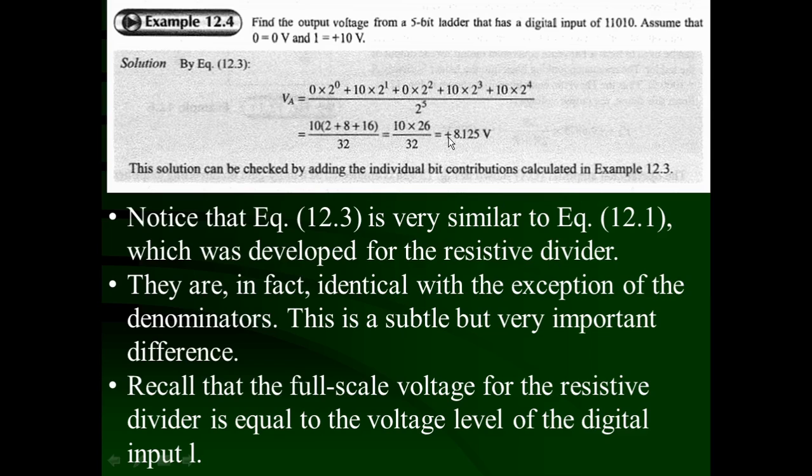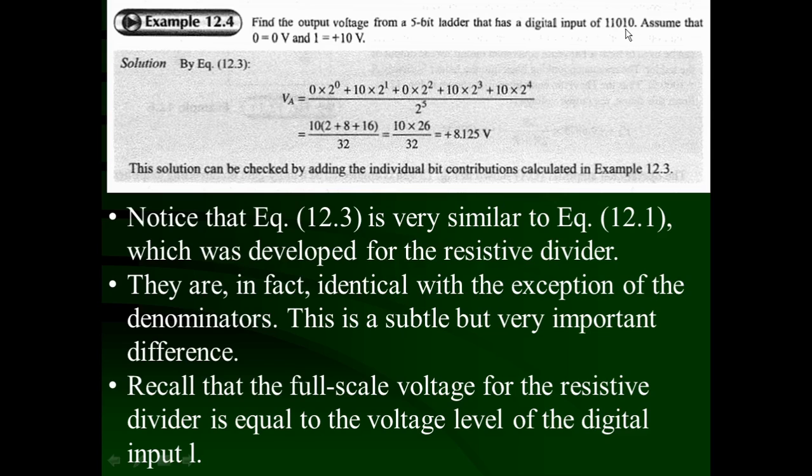That comes out to be plus 8.125. So this plus 8.125 volt is the analog output voltage corresponding to the digital input signal 11010 in the system.